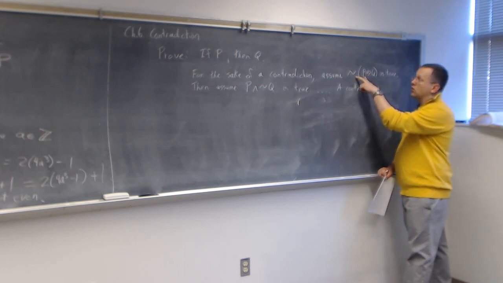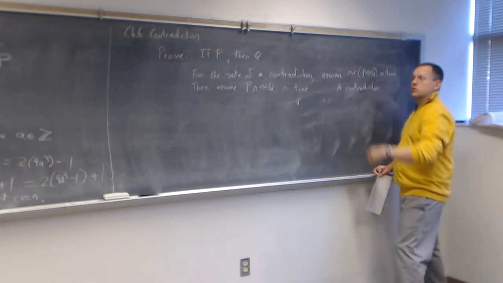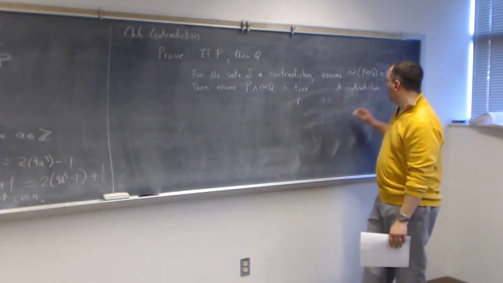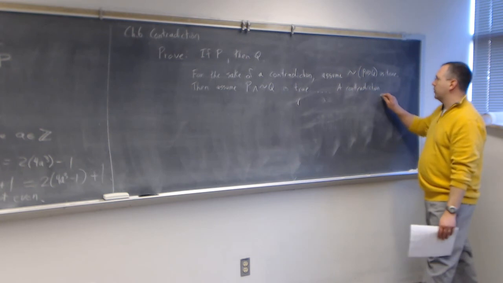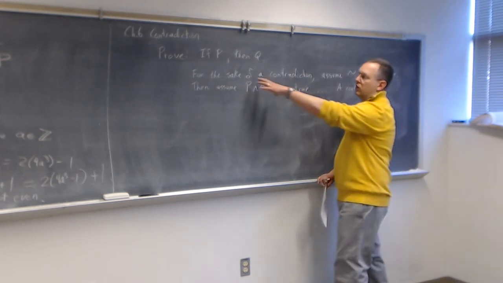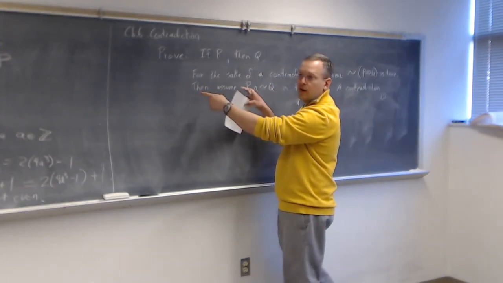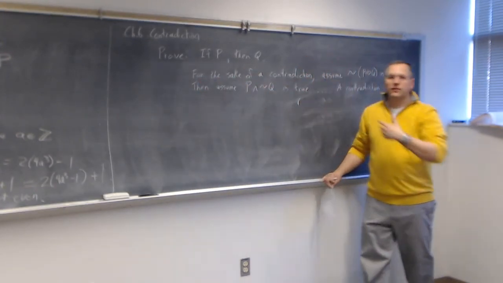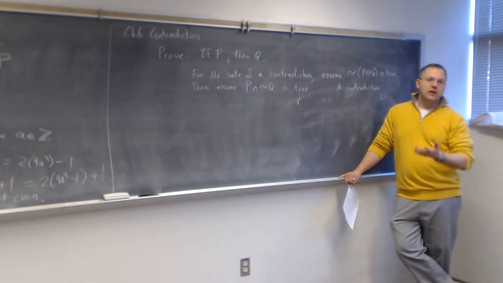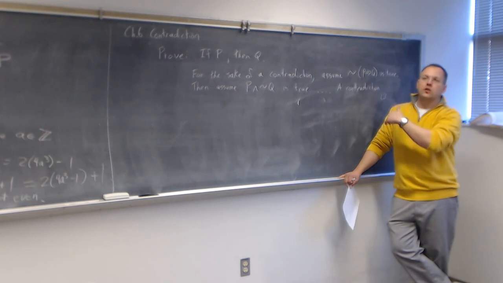If this is wrong, then P implies Q is true, which is what you want. Usually, once you get your contradiction, you stop the proof, and then it's clear. But you really have to tell people you're doing a proof by contradiction. Either put contradiction in parentheses, or say a phrase equivalent to: for the sake of contradiction, assume P and not Q.